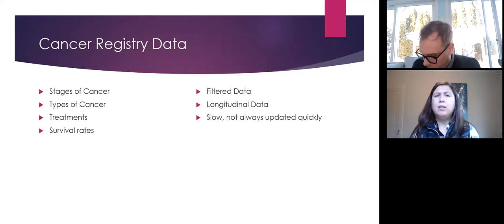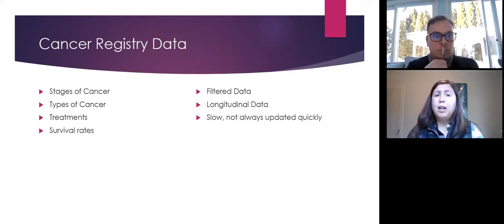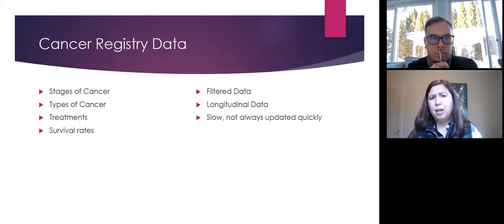It has all kinds of things like the different types of cancer, the different stages that the patients might have in the cancer. And it has treatments and survival rates, and it's got great longitudinal data. The downside to registry data, though, is that it's really not updated very frequently. So you have the issue at times of the data not being really current.